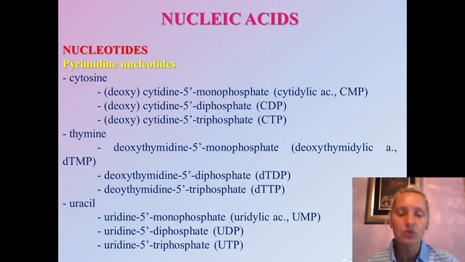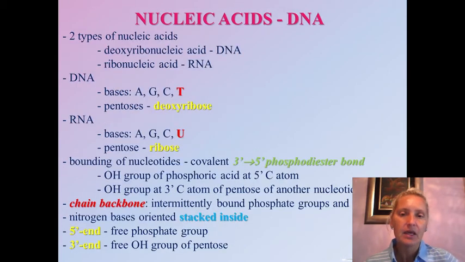And finally uracil tends to form uridine 5' mono-, di-, triphosphates: UMP, UDP, UTP, and UMP is also known by the term uridylic acid. What can we say about the DNA molecule itself? It is a very well-known fact that there are two types of nucleic acids, deoxyribonucleic acid, DNA, and ribonucleic acid, RNA.